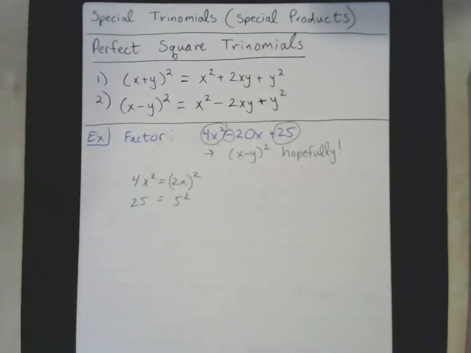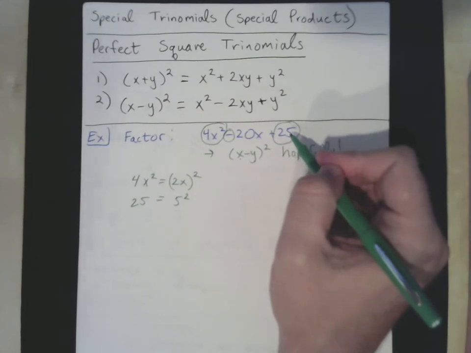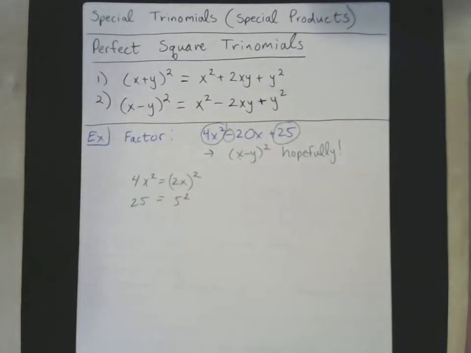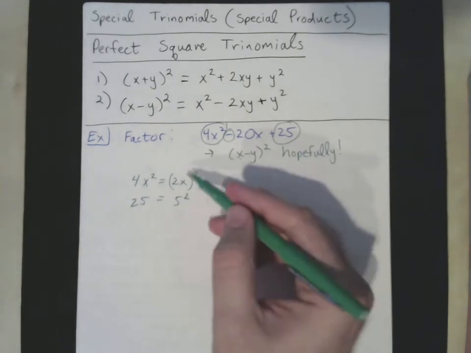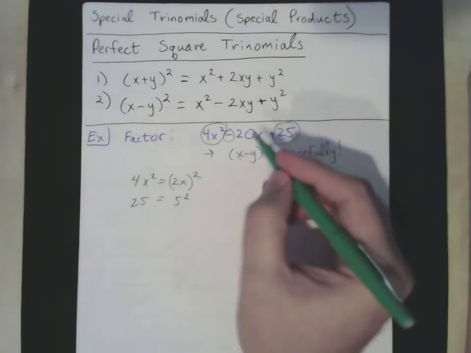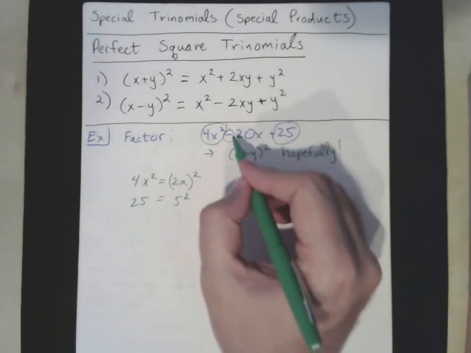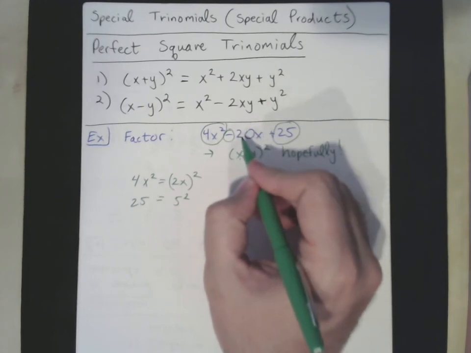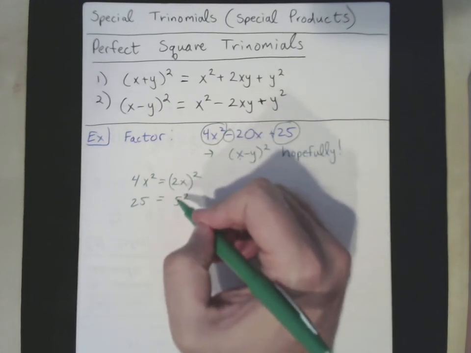So if you don't have a perfect square, let's say this was 26, you can eliminate these from being your factorizations immediately. In this case, we have two perfect squares. So now the only question is, does this match up? Since we have the minus, we can kind of ignore it for now. But is 20x equal to 2 times 2x times 5?